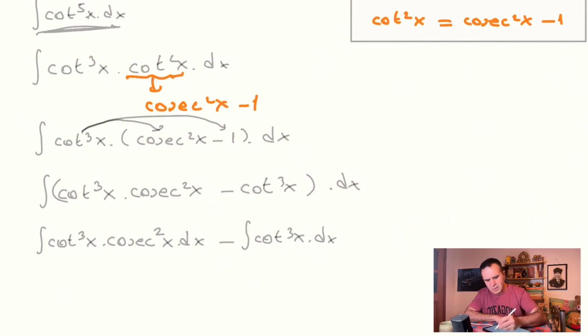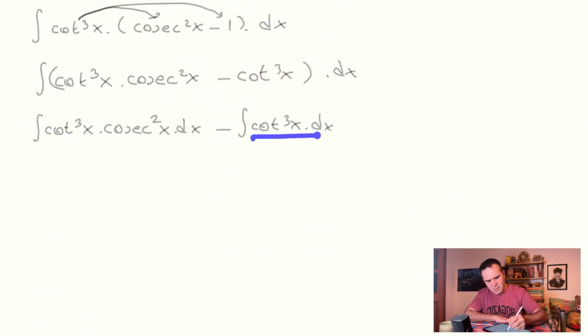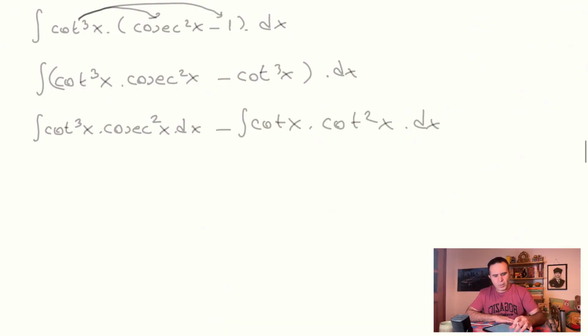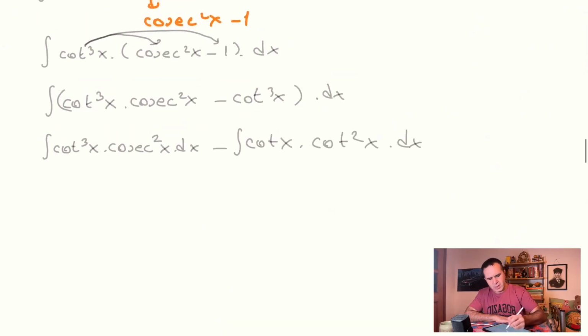The important part here is taking cotangent square of x, and for this integral we will write this part again as cotangent x times cotangent square of x dx. Why are we doing this?